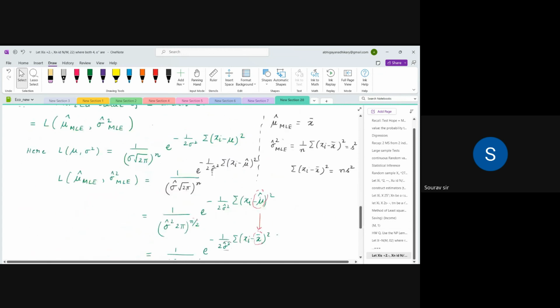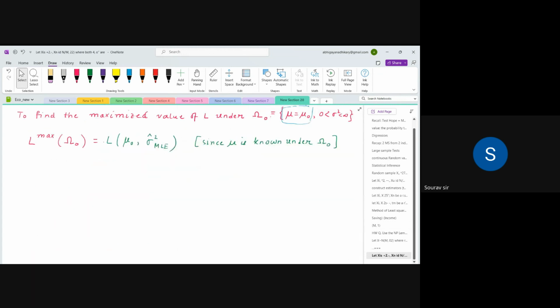So I'll just write one more line over here, that the maximum value would be the likelihood function evaluated under this condition, where what is your sigma hat square MLE? It is 1 by n summation xi minus mu naught whole square.